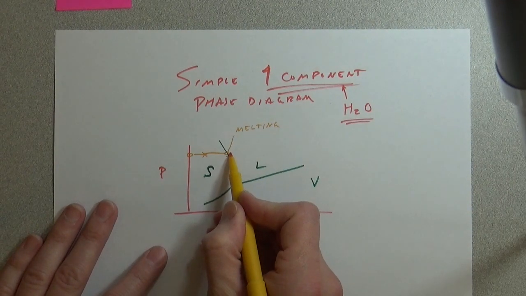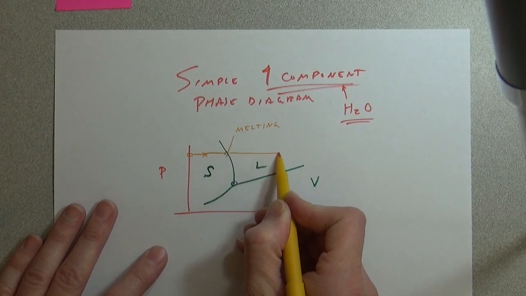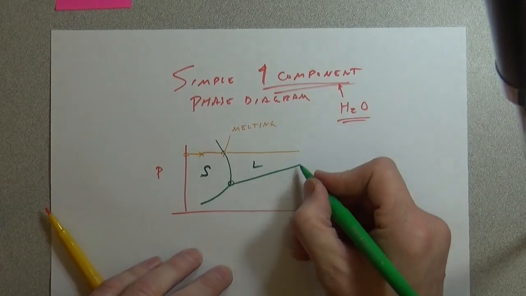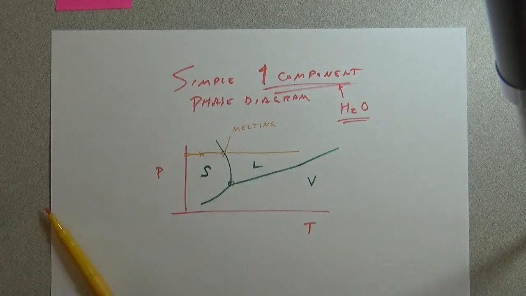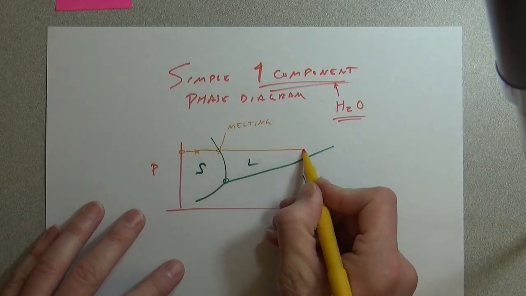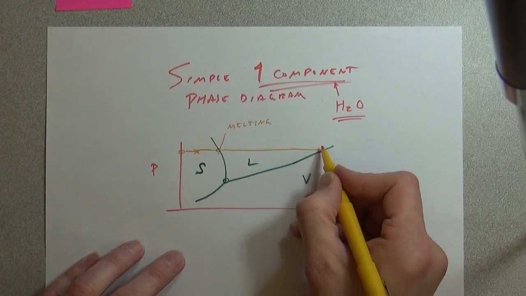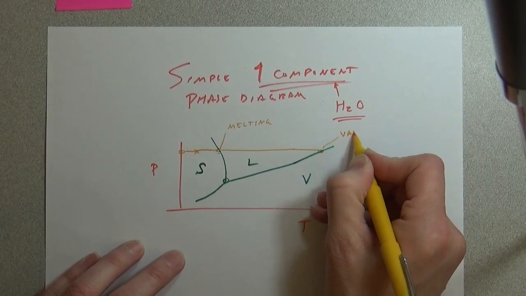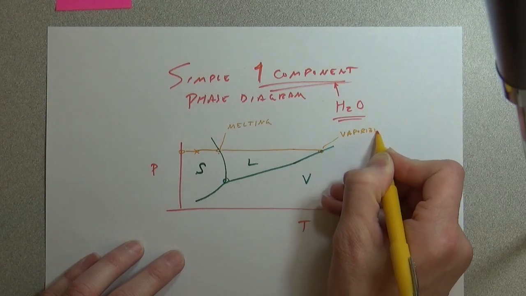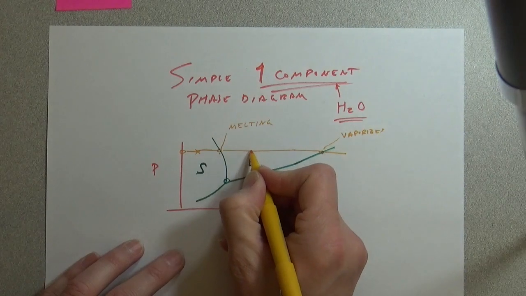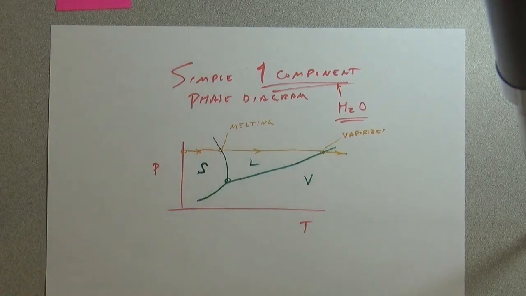And then it becomes liquid, and if I were clever enough to have drawn my line all the way out, here we reach a point where it vaporizes. And now it is vapor. And that's how we read a phase diagram, right?